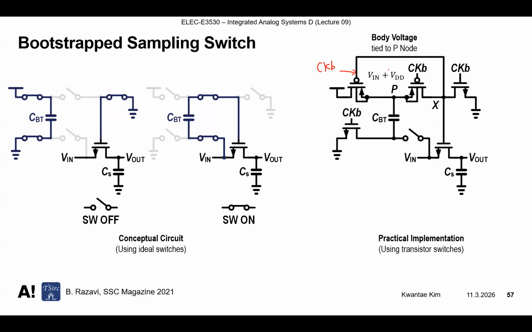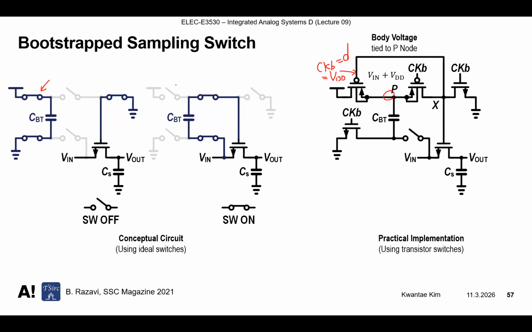But in that case, let's say when we want to drive this one to 0, that causes the PMOS to turn on. This is okay, but when we drive clock bar equal to VDD, then the source voltage is higher, right?